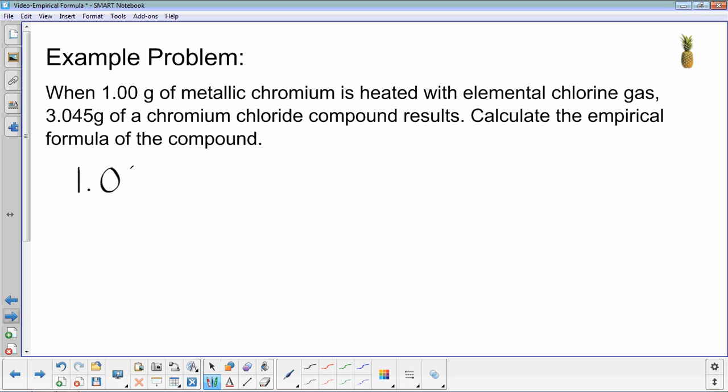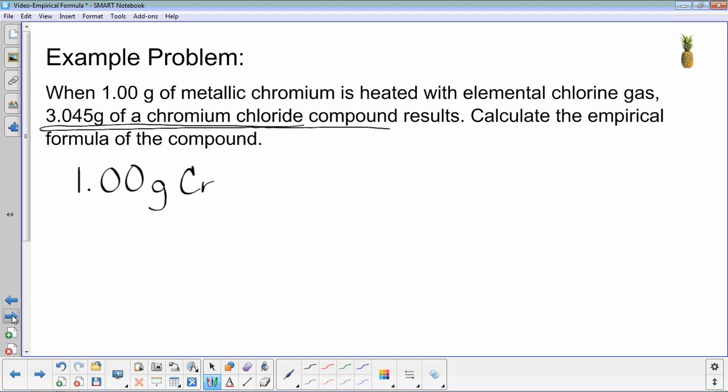So let's go ahead and write that we have 1 gram of chromium, which is Cr, and it's heated with elemental chlorine gas, and the total compound, that's what this means. This is the whole compound. That is both chromium and chlorine. So if I know the amount of chromium, then I'm going to automatically know the amount of chlorine.